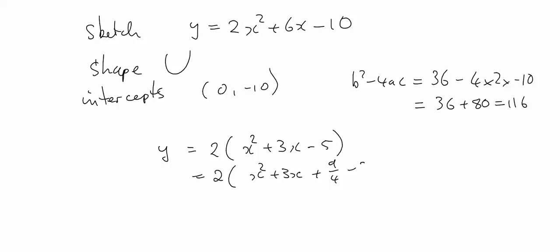But we must also subtract 9 over 4, minus 5. And then the first 3 terms there are our perfect square, which will be x plus 3 over 2 squared, minus 9 over 4 minus 5. Minus 9, and minus 20 over 4 is minus 29 over 4.